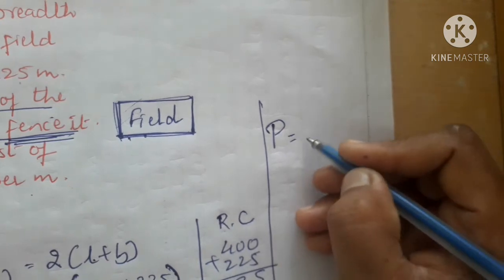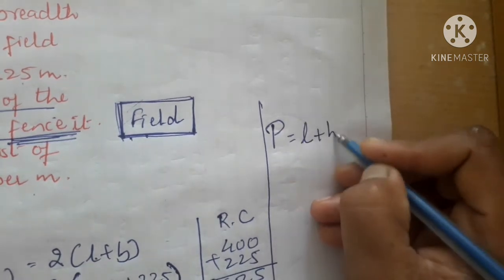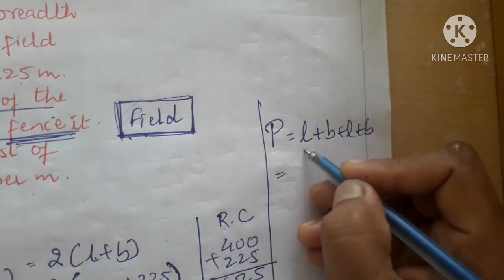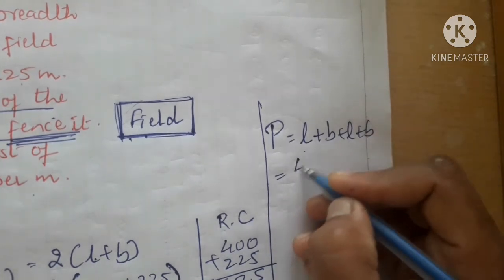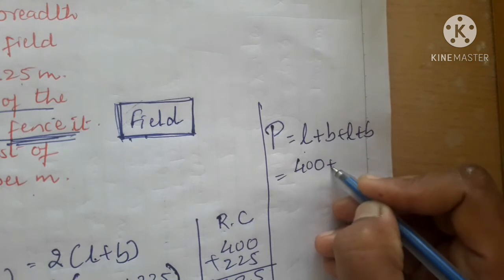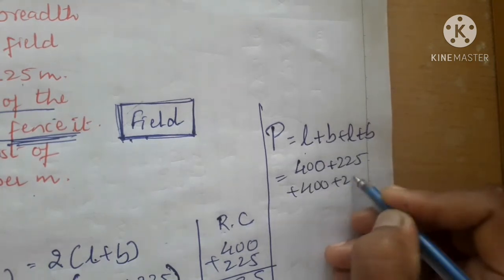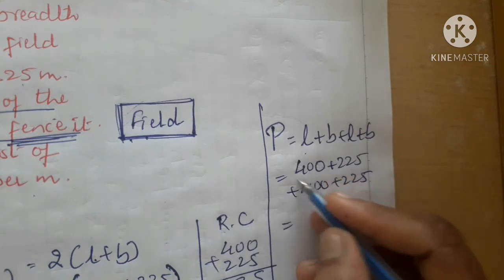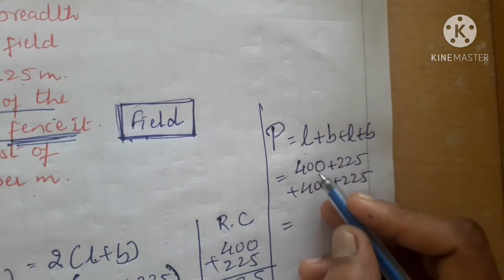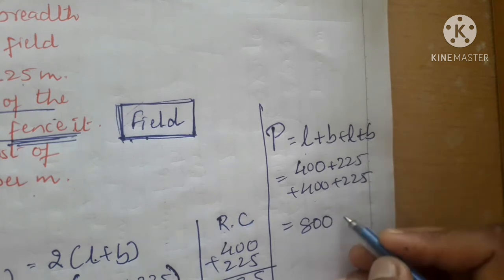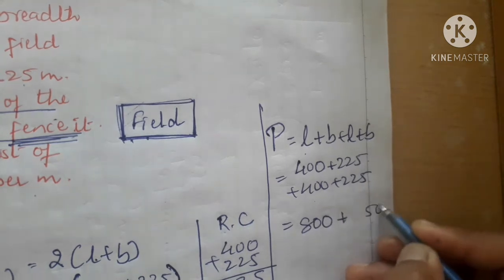If this is not comfortable to someone, they can always do it as perimeter equals sum of all the sides, that is length plus breadth plus length plus breadth. How much was the length? 400. So write here 400 plus 225 plus 400 plus 225. Here this is twice, so 400 and 400 is 800, and this becomes 450.